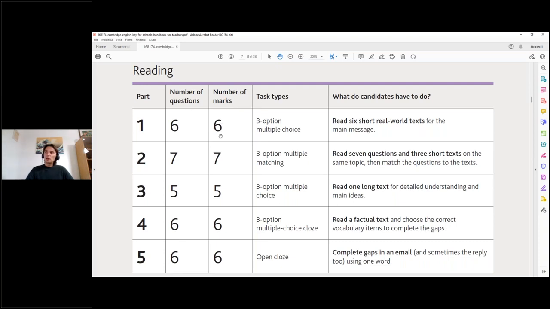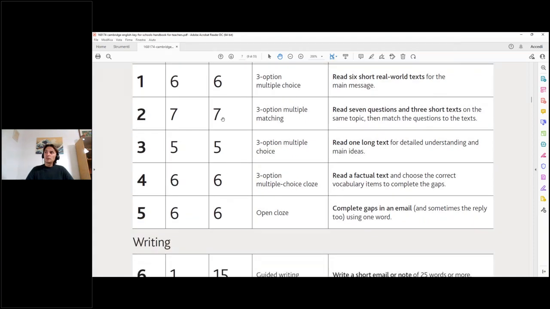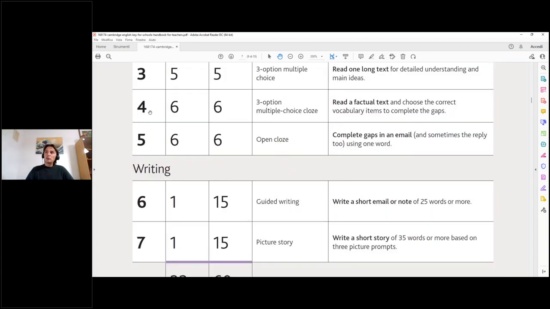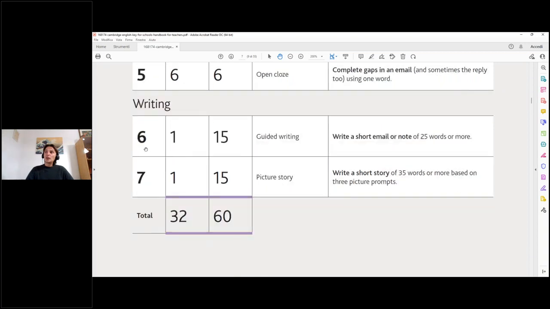There were 6 questions and a mark for each question, right? 6 questions, 6 points, 7 questions, 7 points for part 2, part 3, 5 questions, 5 points, part 4, 6 and 6, 5, 6 and 6.